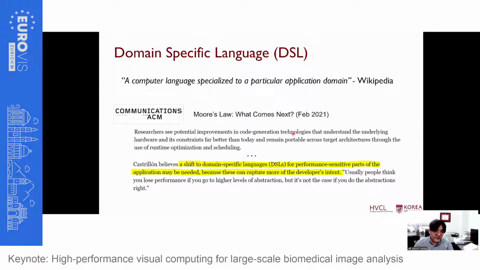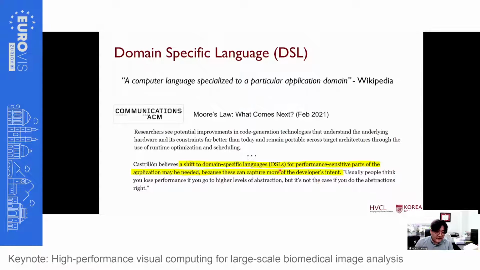A domain-specific language is a computer language specialized to a particular application domain. And I grabbed this article from Communications of the ACM this year. Actually, this article is not about DSLs, it's about Moore's law. The article is saying that Moore's law is almost over, but these days we have hybrid architectures or very specialized architectures.